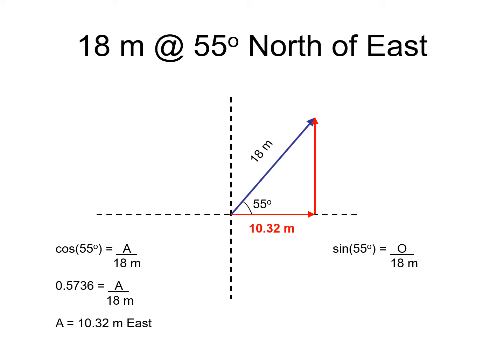Now if we do the opposite side, the north side, then that is going to be sine of 55 degrees, which equals opposite over 18. Punch in sine of 55 degrees and you get 0.8192, multiply both sides by 18 meters and you get 14.74 meters north. So that's the two components that make up this vector: an east component and a north component.